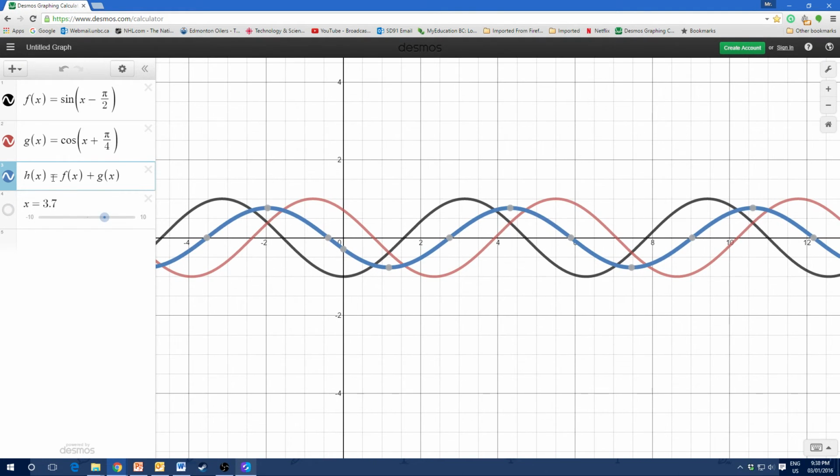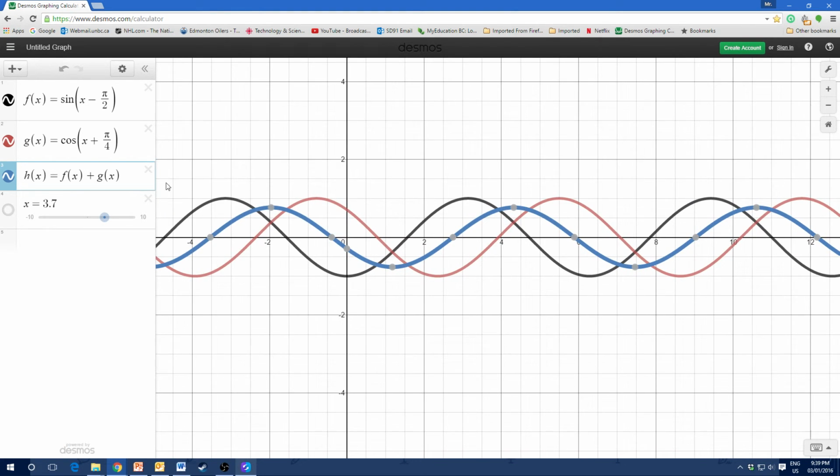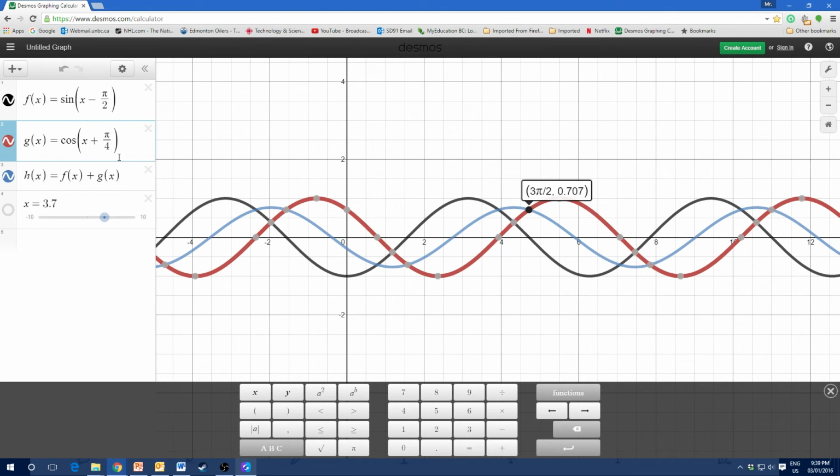So the resulting wave combination is overall smaller at all points than each individual wave. If these were sound waves, then the resulting sound would not be as loud as either f of x or g of x.